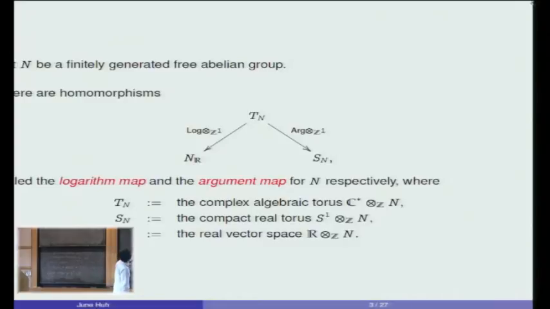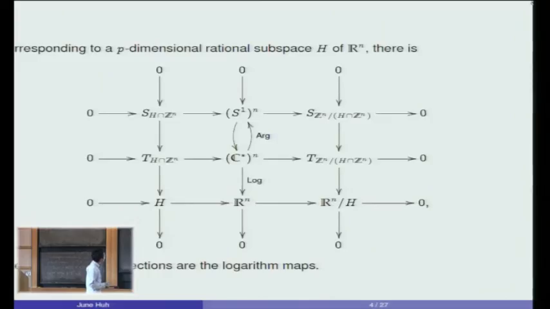If you have a finitely generated abelian group N, then there is a logarithm map and argument map for that N, coming from the complex torus associated to N, C star tensored with N, the compact real torus S1 tensored with N, and the real vector space R tensored with N. And this behaves as expected.